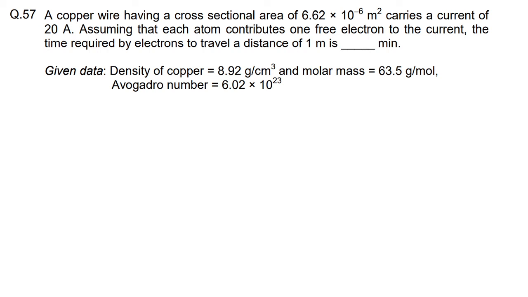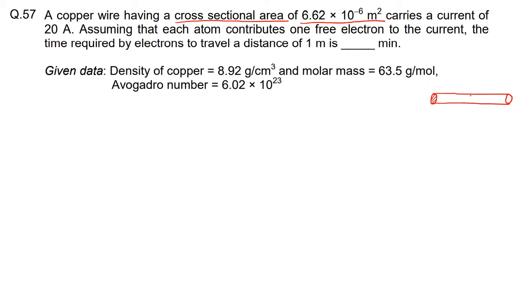First, let us take a copper wire whose cross-sectional area is 6.62 into 10 to the power minus 6 meter square.